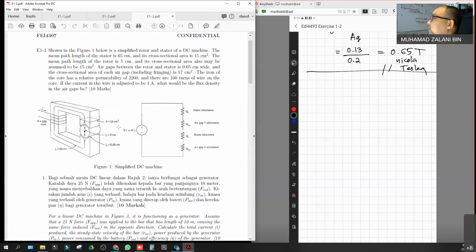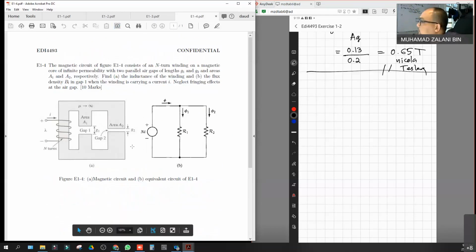For this particular question, I have already shared the lecture notes or handwritten notes discussing it. So I would like to proceed to 1.4 or 1-4, which is referring to this question.